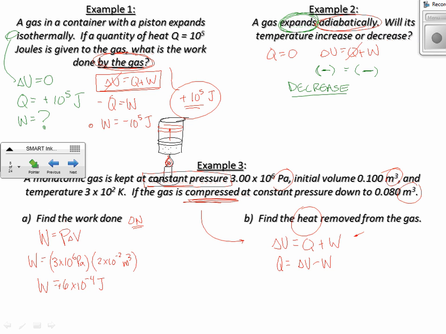Delta U. Check it out. So lots of ways to do delta U. Here's one of them. Well, we know that U is 3/2, monatomic gas. We don't know how much of the gas there is.